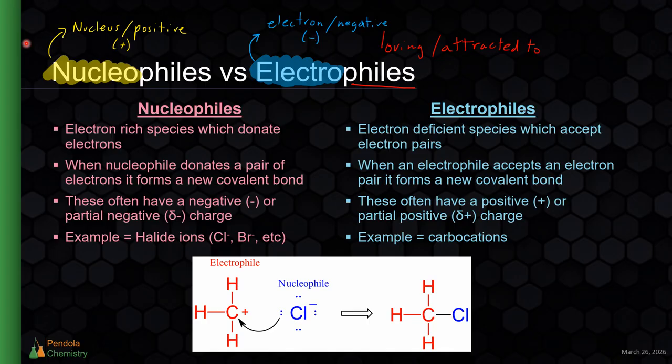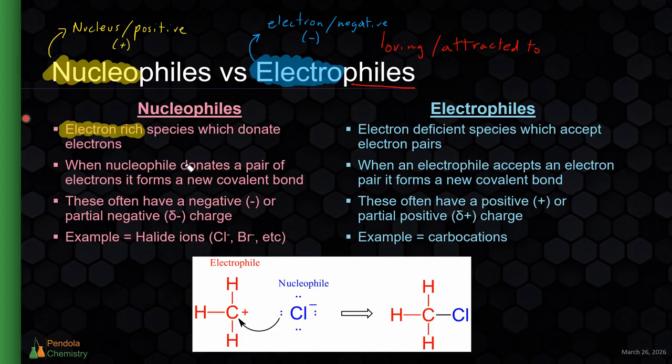A nucleophile is something that is attracted to positive charges because it's an electron-rich species, meaning that it is a compound or an atom that has a lot of electrons, and it can donate those electrons. When a nucleophile donates a pair of electrons, it forms a new covalent bond.